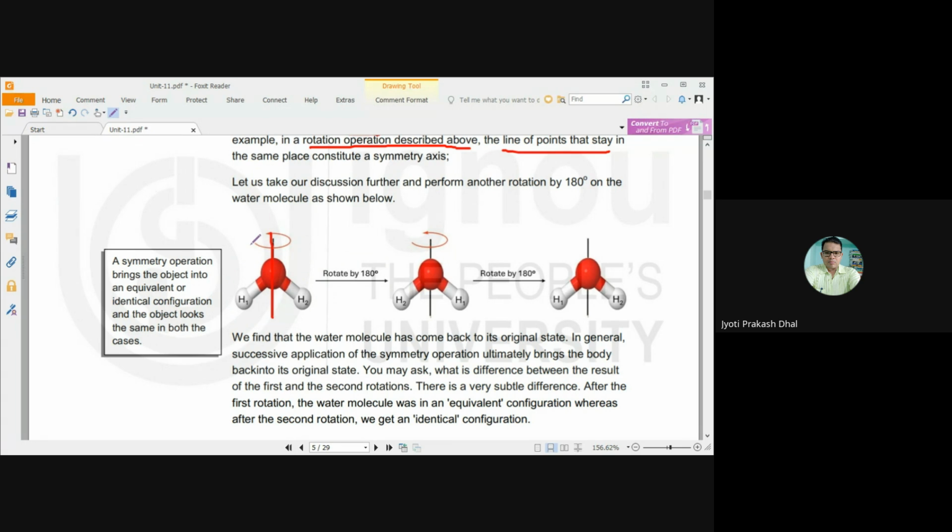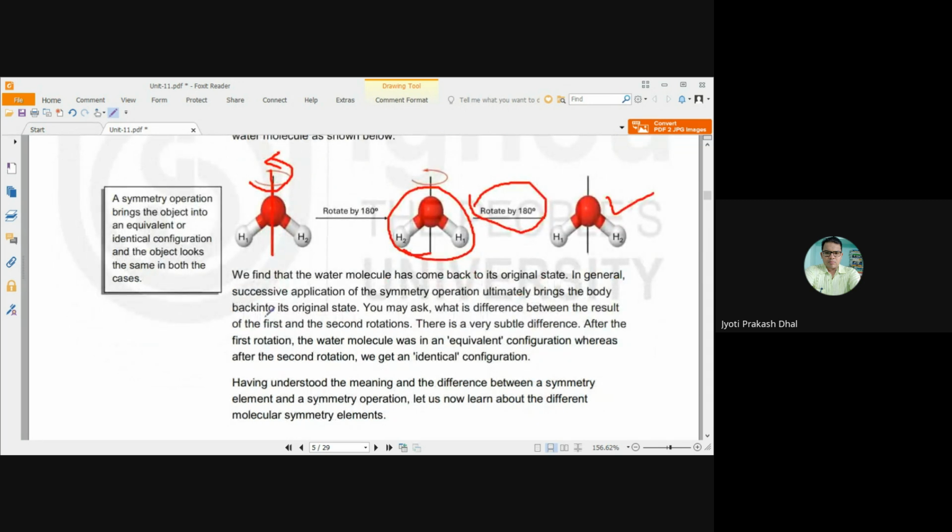In the first step, we performed rotation by 180 degrees, so that you get this type of structure, indistinguishable from the original structure. In the second step, we again rotate the molecule by 180 degrees, and the initial structure is arrived at. So we find that the water molecule has come back to its original state.